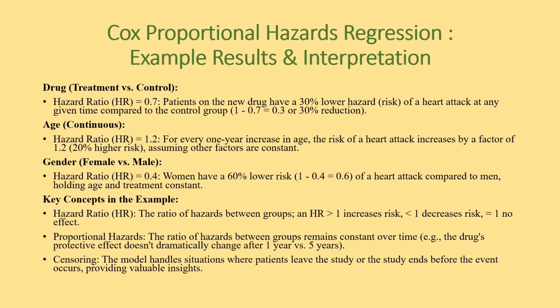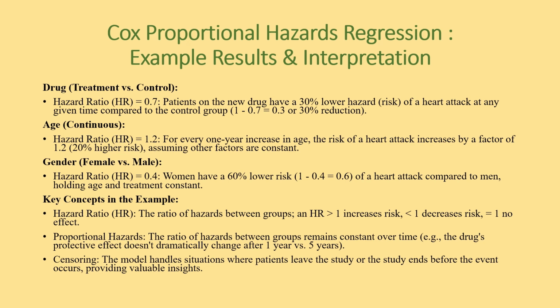Example results and interpretations. Drug treatment versus control: hazard ratio equals 0.7. Patients on the new drug have a 30% lower hazard of a heart attack at any given time compared to the control group. Age, continuous: hazard ratio 1.2.